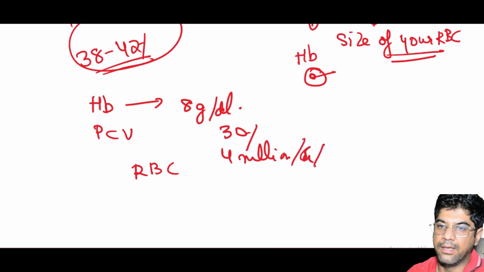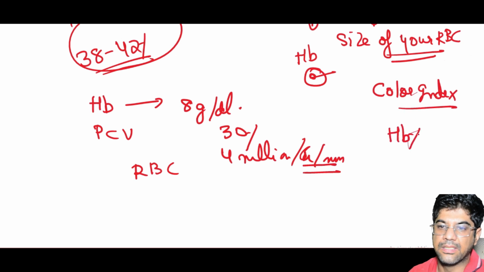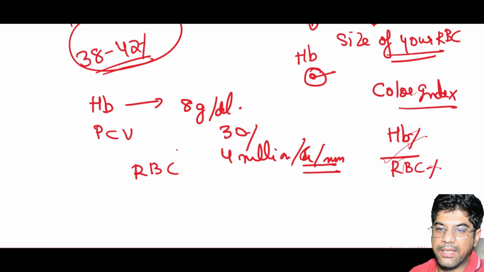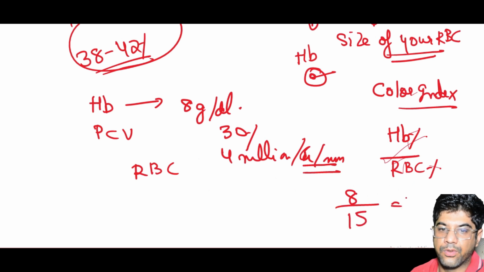Now let us discuss how you can measure. First is the color index, and it is measured by hemoglobin percentage divided by the RBC percentage. So that means it is 8 gram divided by 15, into 100, that comes out to be 53.3%.